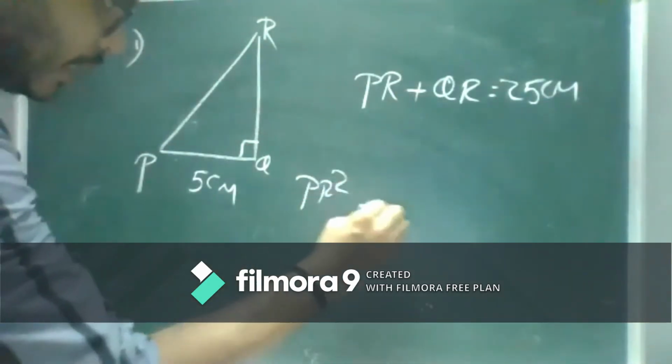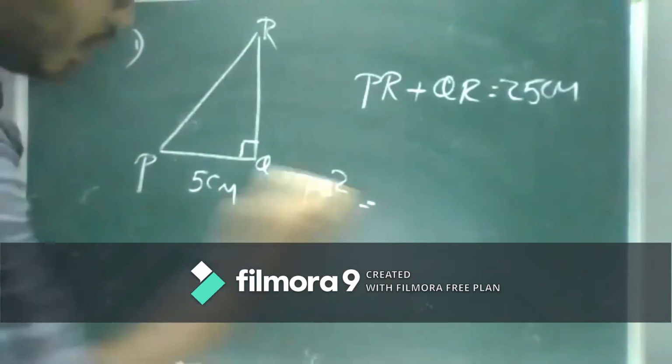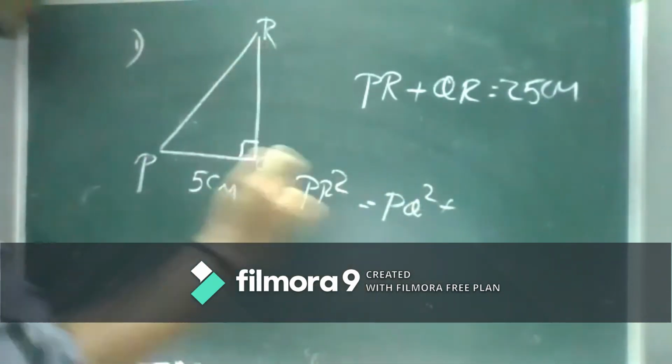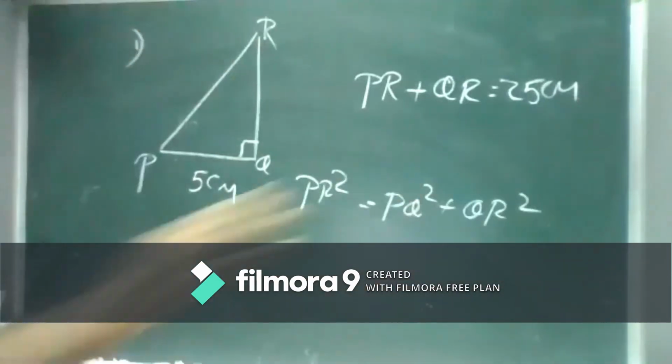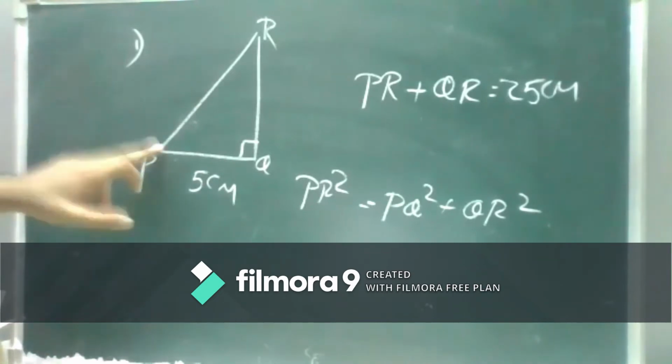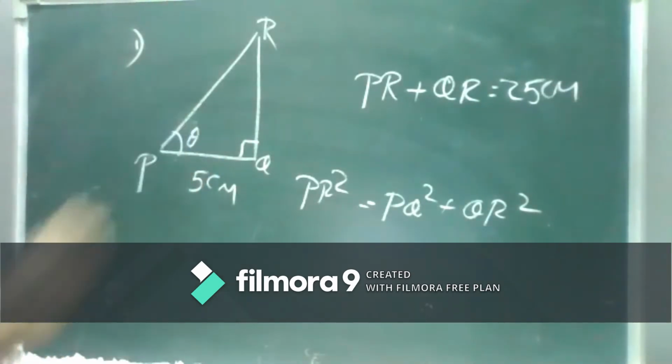PR square, the hypotenuse square, is equal to opposite side square plus adjacent side square, so PR square is PQ square plus QR square. This is your relation. First I need to find PR and QR, and only after that can I find sin P, cos P and tan P.